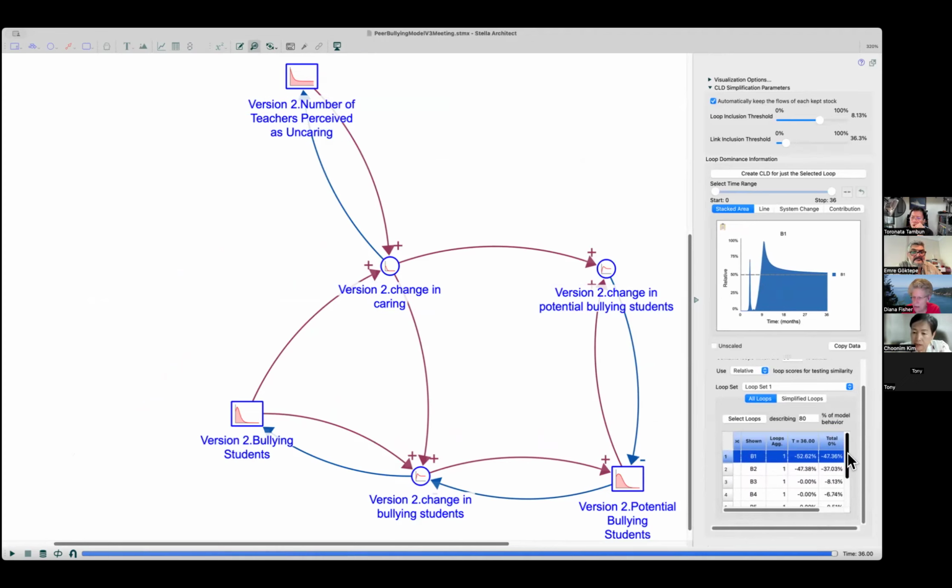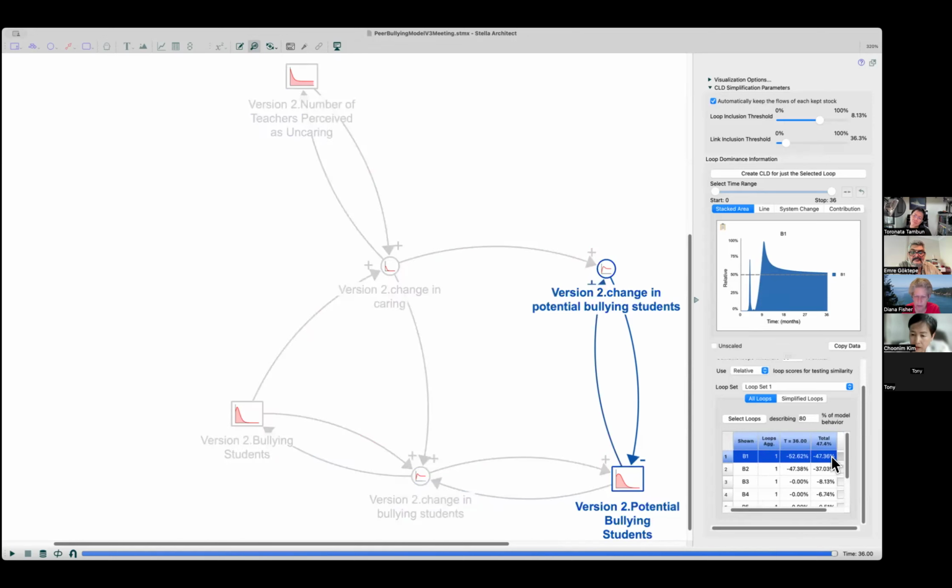And it will identify the particular loops. What do I have to do? I have to go here. Like for the first balancing loop, if I click on the first balancing loop, the little flashlight, it'll show you which balancing loop it's talking about.